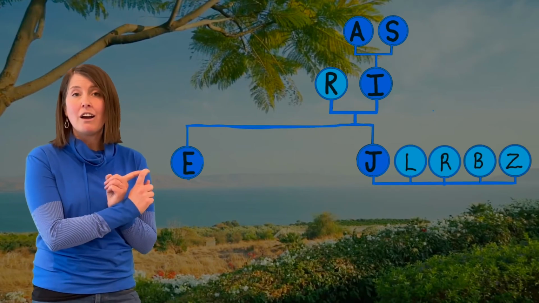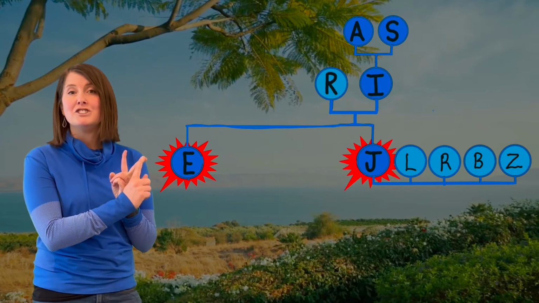So what happens next? Well, Isaac marries someone named Rebecca. So Isaac and Rebecca are married, and they have twins. Do you guys know any twins? We have some twins in our church, don't we? Yes, so they had twins, 2 boys, and they named the oldest Esau and the next one Jacob.